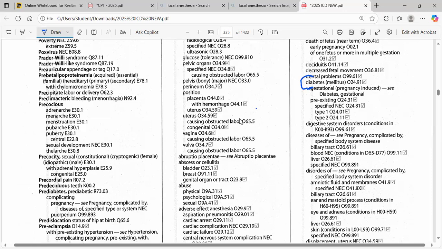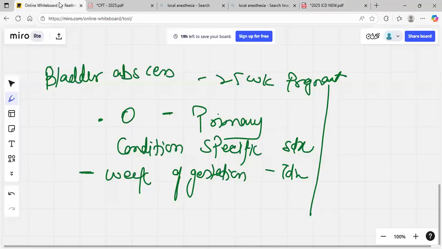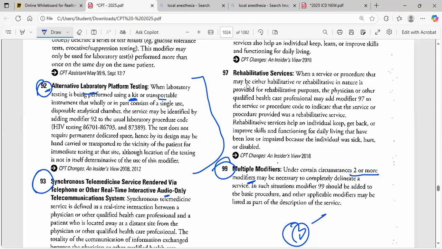You can see here under the abscess we have the bladder, but this is an incomplete code, so we have to complete this. Let me mention the code here, then we will complete this later. So it's O23.1. Then we have to look for week of gestation, that will be under the pregnancy only.